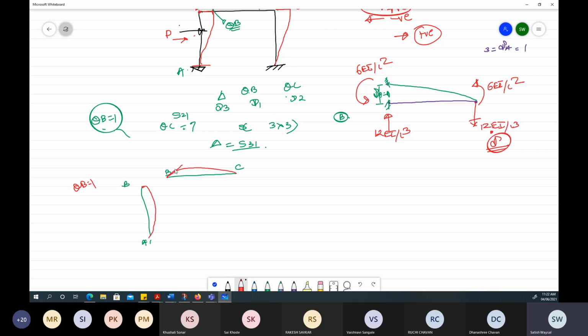Now for that, suppose you apply a 4EI by L moment over here. That 4EI by L moment is for BC. And for this also we will apply a 4EI by L moment.